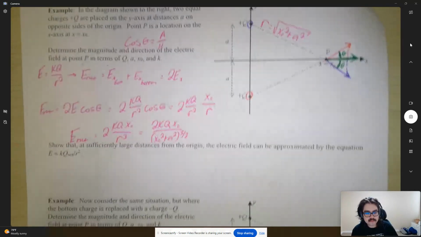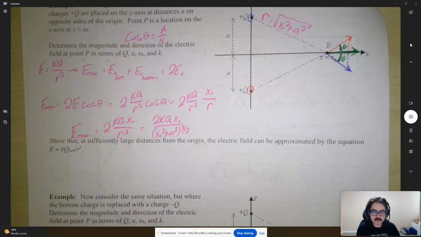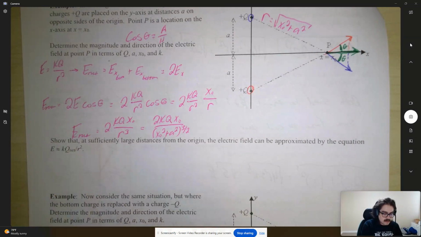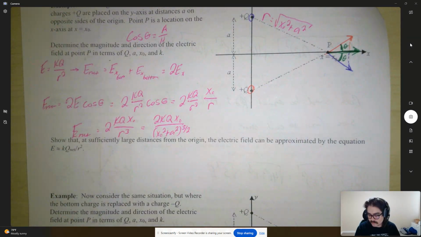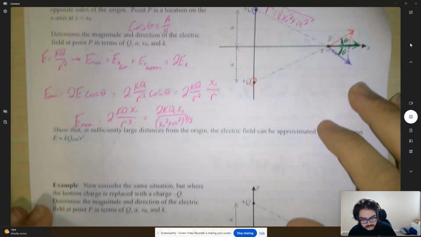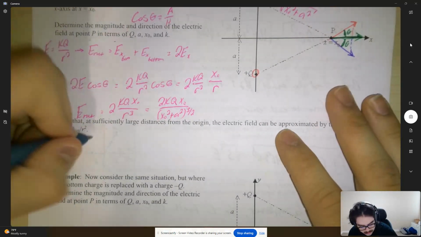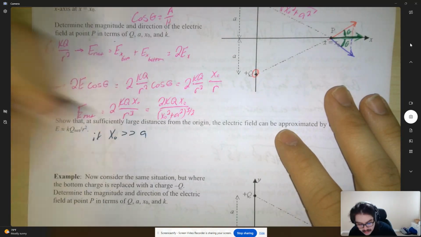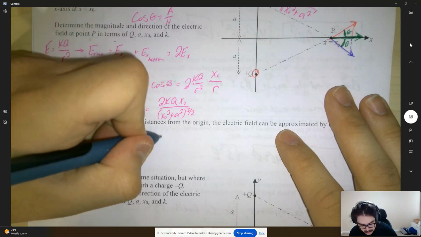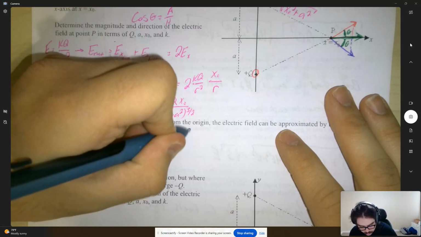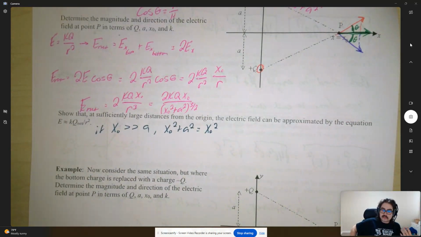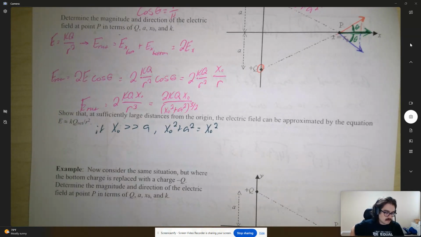Okay. At sufficiently large distances from the origin, we can approximate this as a singular point charge. Okay. Because we can make a couple of approximations here. We can say that if x naught is much, much greater than a, then x naught squared plus a squared is approximately just x naught squared, because the x naught term would be so overpowering that it would basically render the a completely irrelevant.